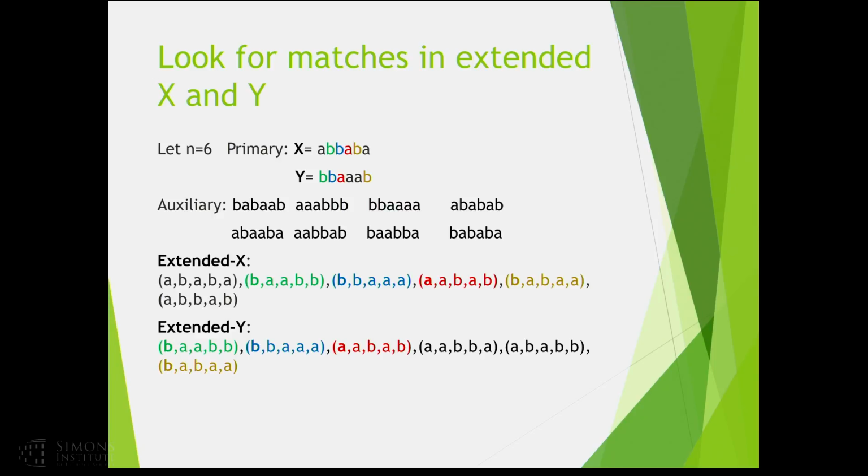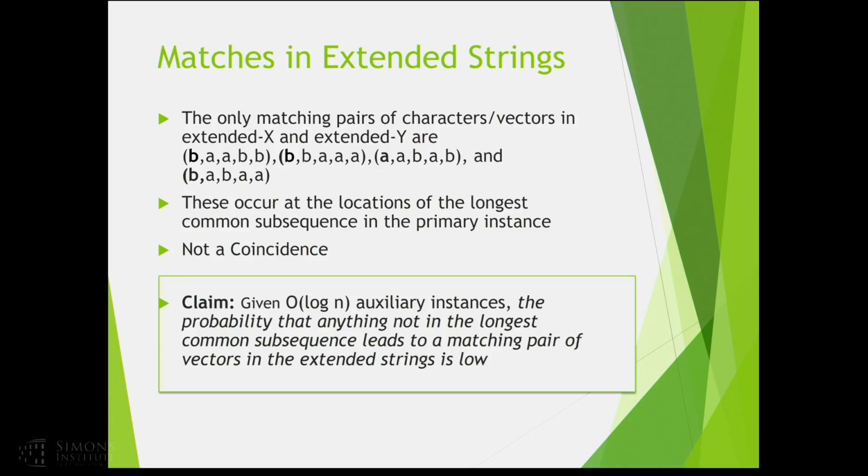So now we see that the positions of the longest common subsequence in the original string will correspond to matching pairs in the extended strings. And this is not a coincidence. Because if you have a pair of characters, one from each string, and they don't match, then the probability that in an auxiliary instance they're the same is going to be a half.